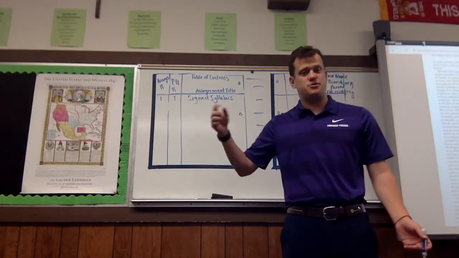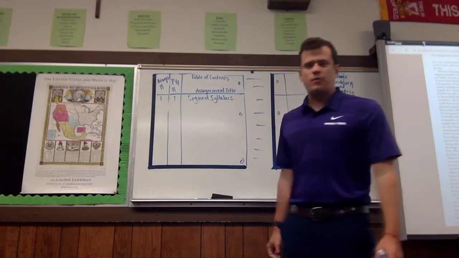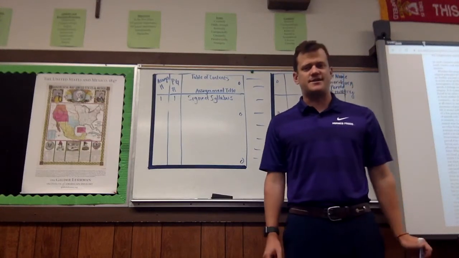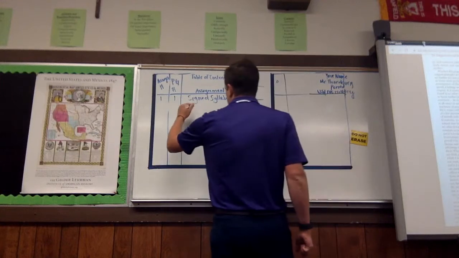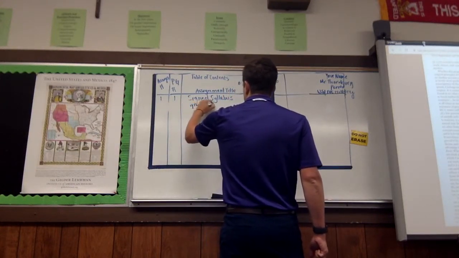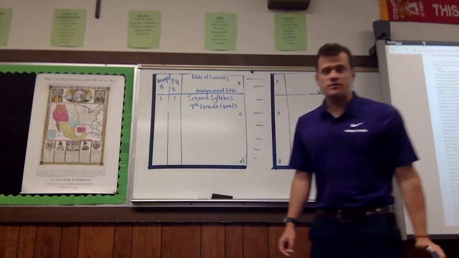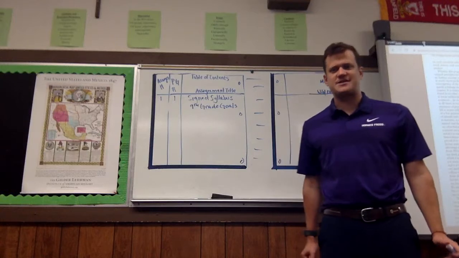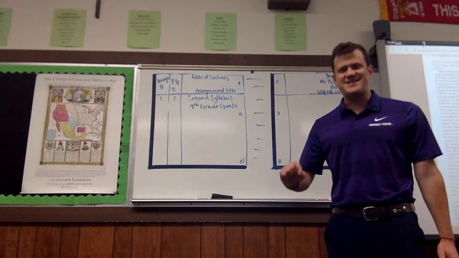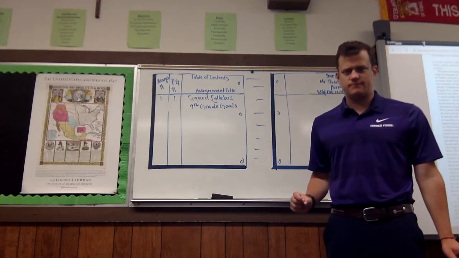You'll write page 2 and circle it in the top right corner. And you will write the title for the second assignment, which is your 9th grade goals. The 9th grade goals, 2-paragraph assignment that needs to be printed, stapled into your notebook.